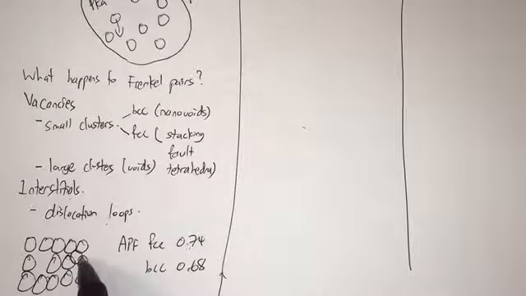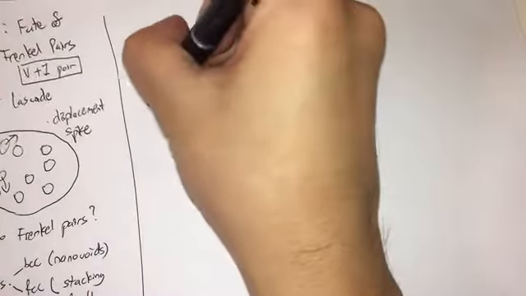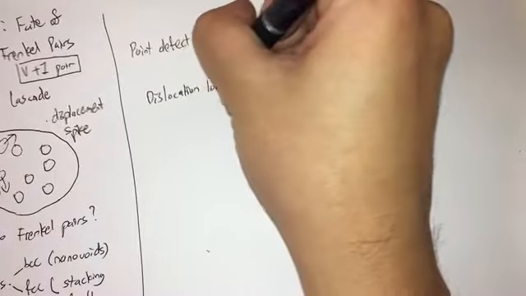When you jam-pack these interstitials into one of the sites, it's causing a lot of strain on the surrounding atoms. How does it get into a more stable configuration? Well, one of the ways to relieve stress is that they'll form dislocation loops.